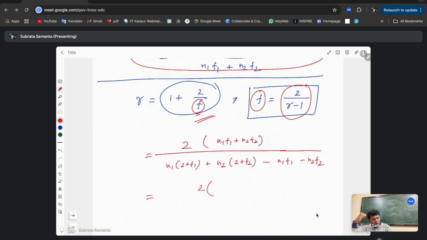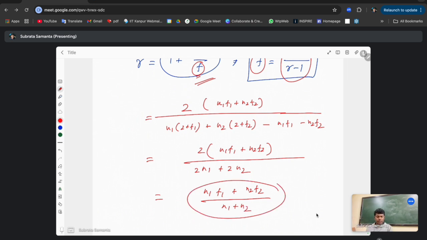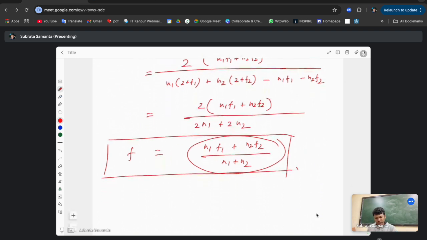So that means 2 times n1 f1 plus n2 f2 divided by 2 n1 plus 2 n2. So it's basically n1 f1 plus n2 f2 divided by n1 plus n2. That is it, as expected, because this is how the mixer is calculated: n1 f1 and n2 f2 divided by the total. So this is the total f.